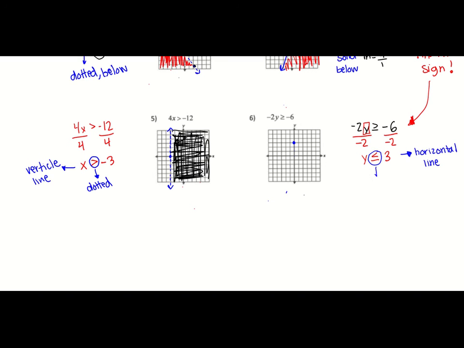If my inequality has a line underneath, that means it is going to be a solid line. That means y can equal 3. And then my last step is to determine the shading. If it is less than or equal to, that means it is going to be below my line. Anything where y is less than 3 could be part of my answer.